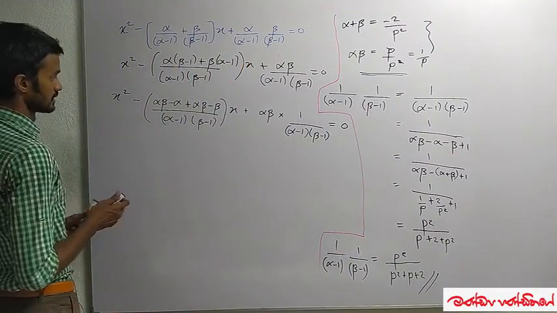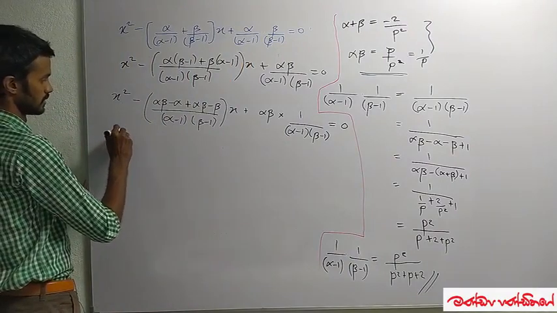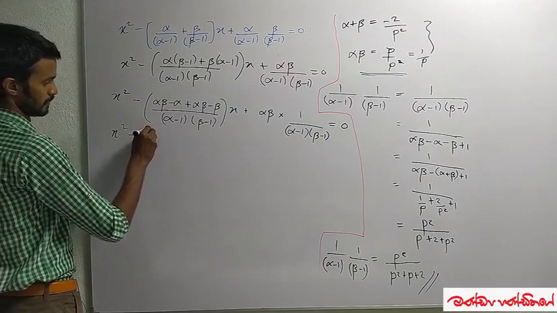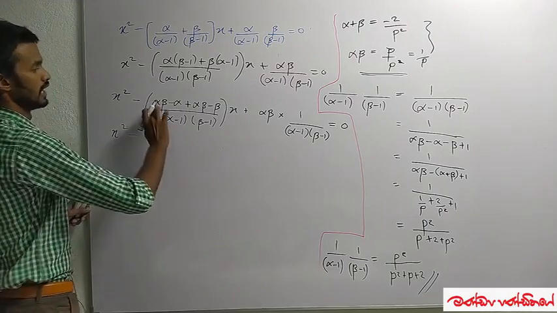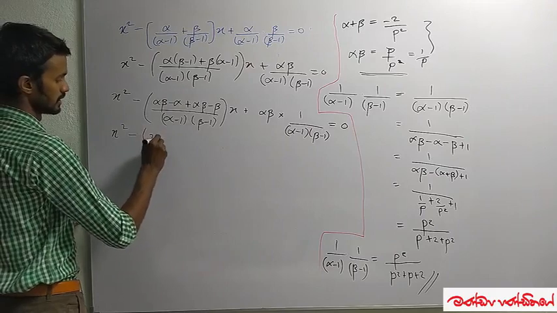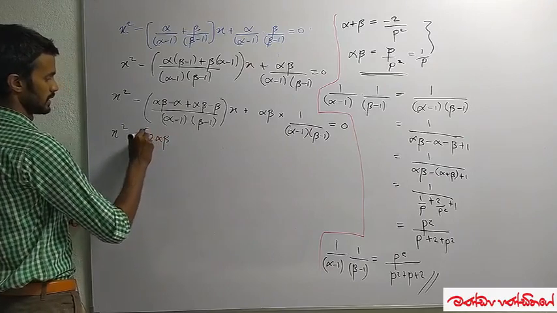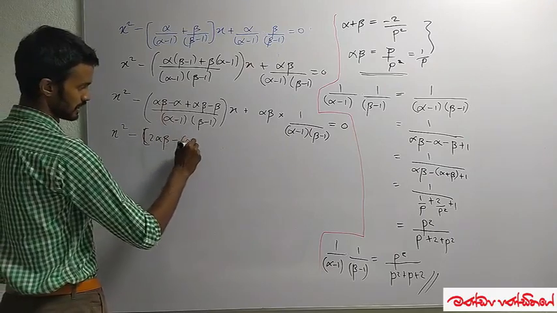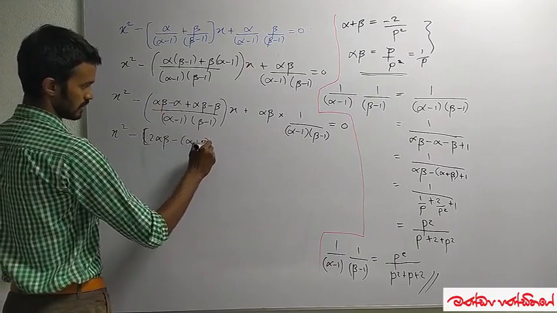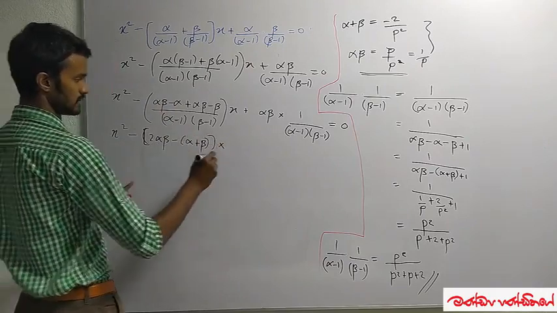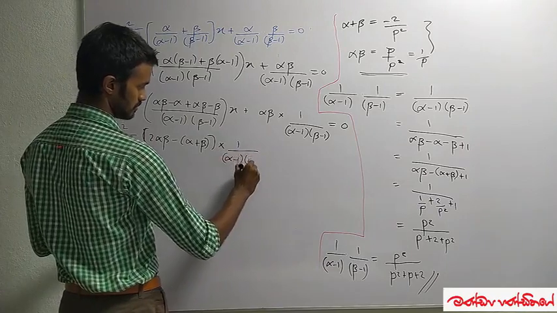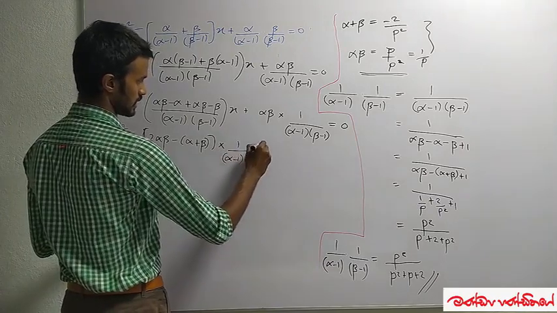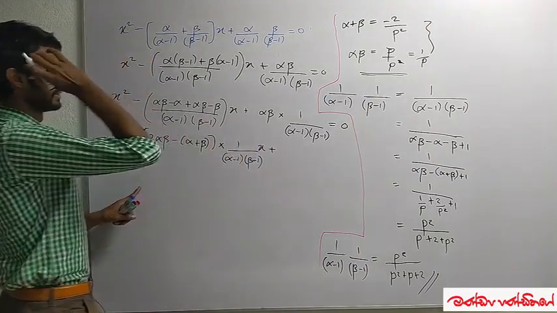I'm simplifying this. I get x squared, alpha beta plus alpha beta is 2 alpha beta, and I'm taking a minus out. I get minus alpha plus beta, and I'm here doing the similar thing. 1 over alpha minus 1 beta minus 1 times x plus, and who is alpha beta?